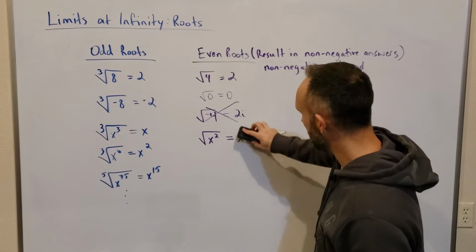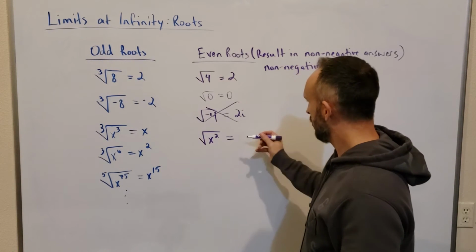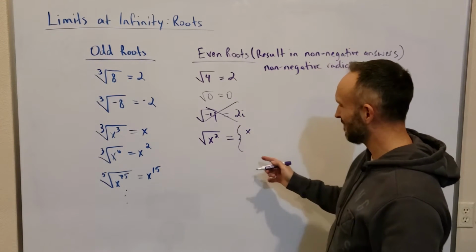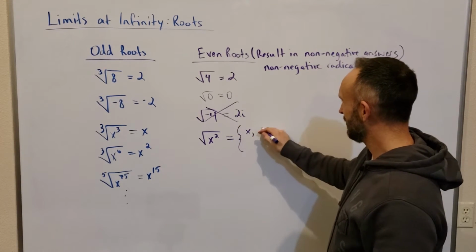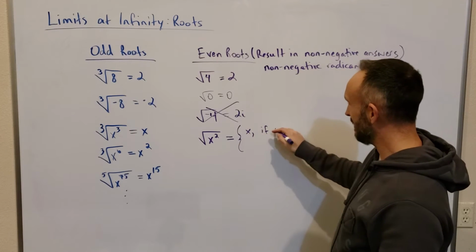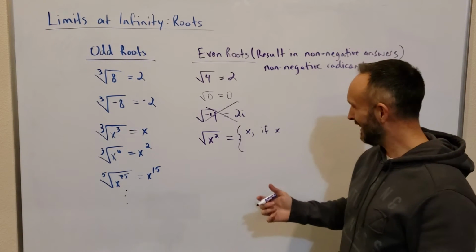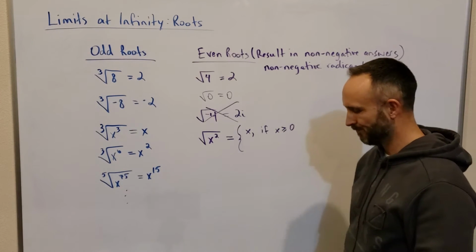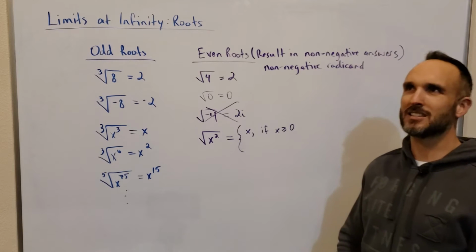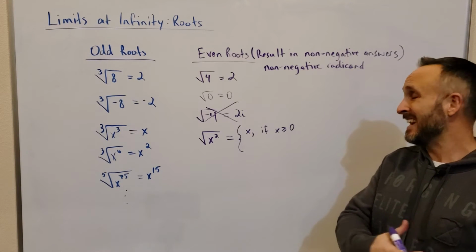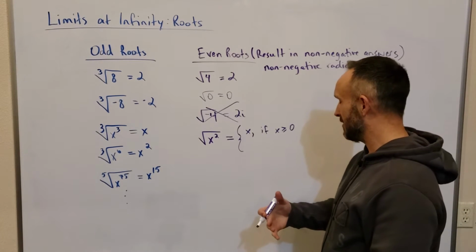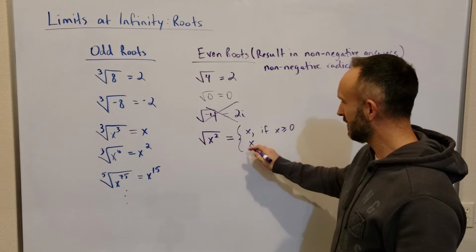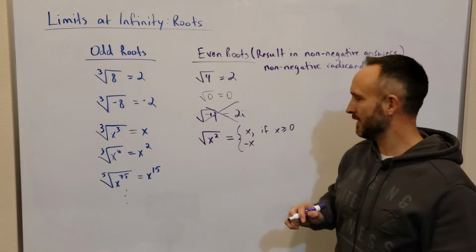So what we end up seeing is, when does the square root of x squared actually output x? Well, it outputs x if x is not negative, right? So in other words, if x is greater than or equal to 0. So you might ask, what does it output if x is negative? Well, it's no big deal. How can I make x positive if it's negative? I just attach a negative in front of it.